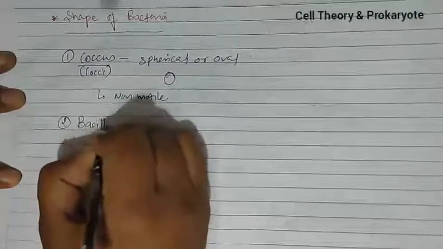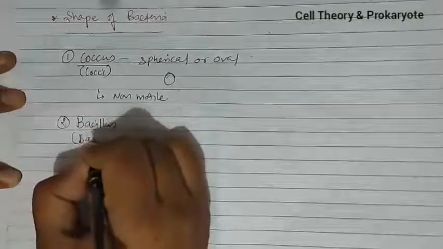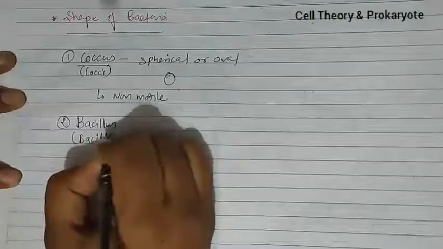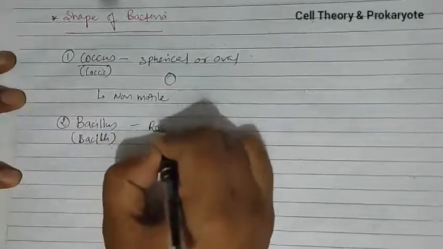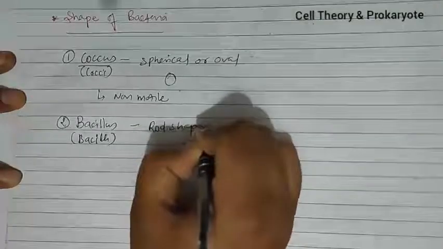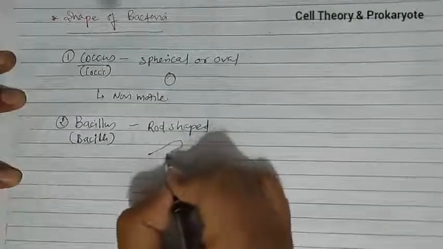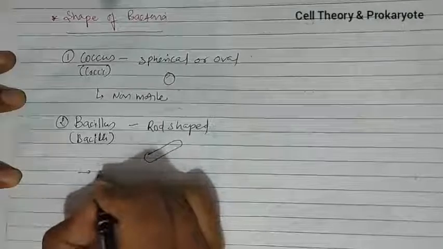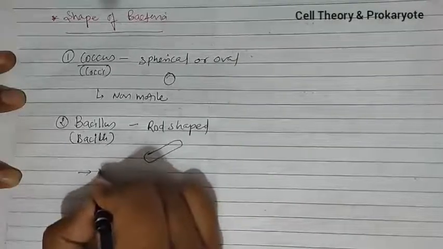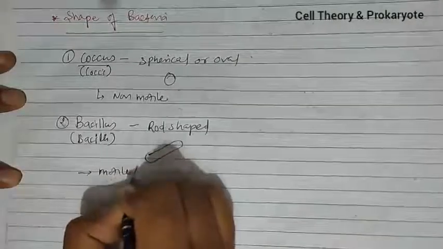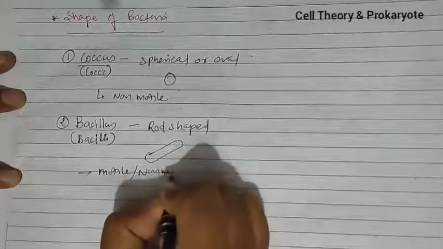Second is bacillus, plural bacilli. They are rod shaped. They may be motile or non-motile, meaning flagella may or may not be present.